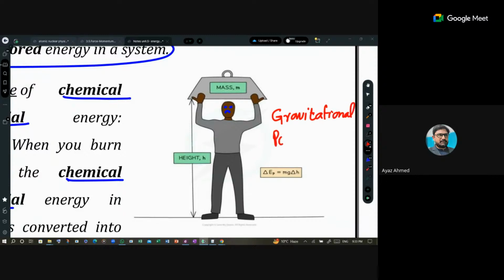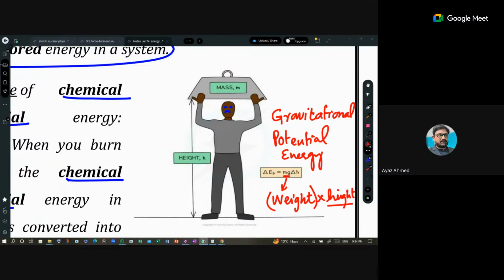Gravitational potential energy is basically that energy which is due to mass and the value of g. I mean, this is actually the weight of that body, so it is due to weight and height from the reference of the ground.